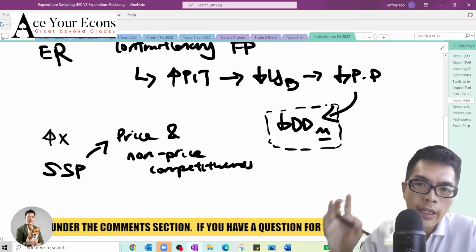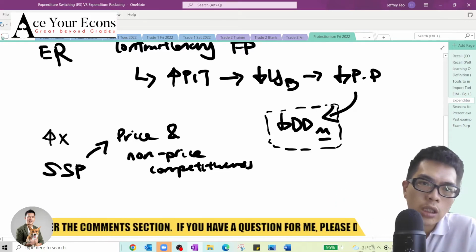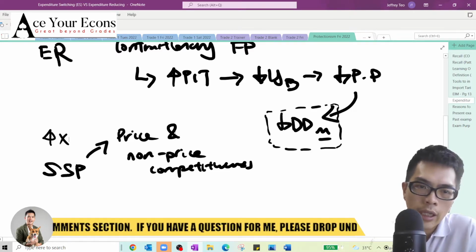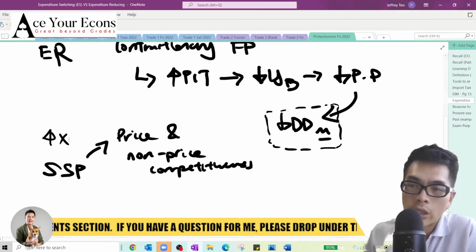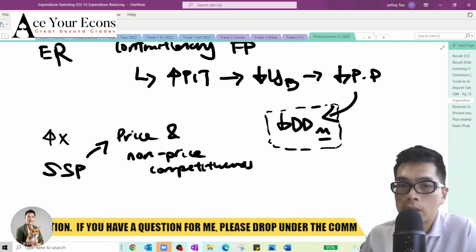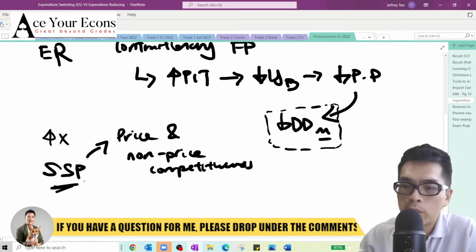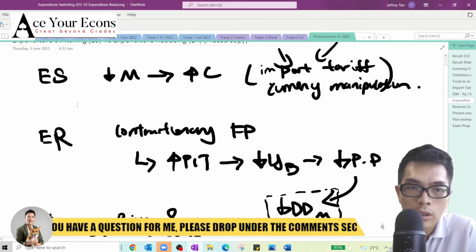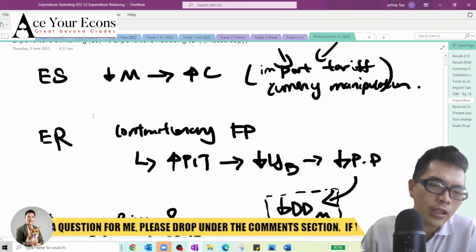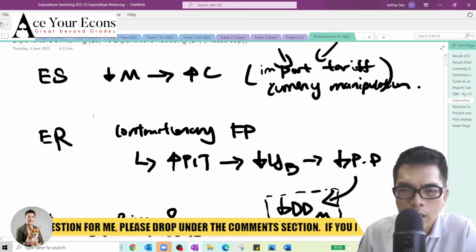So your entire approach and framework when we are referring to balance of trade deficit has to adjust accordingly into these three policies: ES, ER, and supply side policy. This one can be covered in the previous lesson. These two are the newest entrants into the syllabus that you are learning.